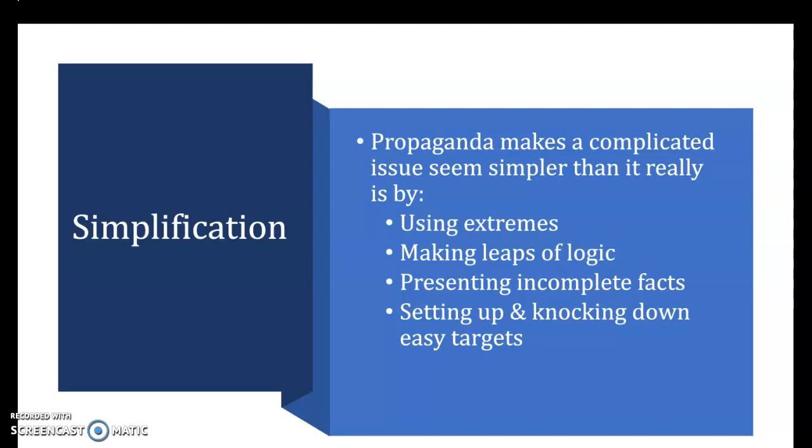All of those facts and statistics are real facts probably, but when we see propaganda, it's people picking and choosing which facts they convey.